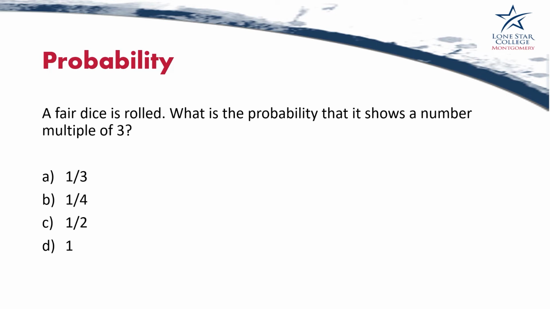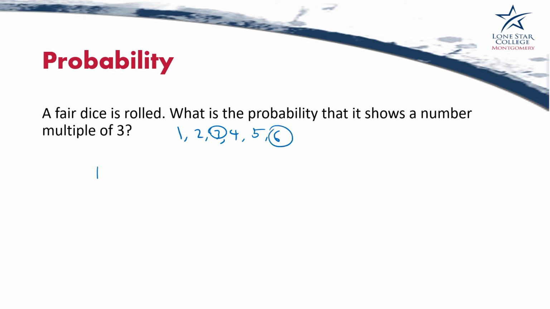Another fair dice. What's the probability that it shows a number that's a multiple of 3? Again, we look at our possible sides. Oops, missed a 5 there. So we see which of these are a multiple of 3. A multiple of 3 is any number that is divisible by 3. We only have 2 numbers out of those, which are 3 and 6.